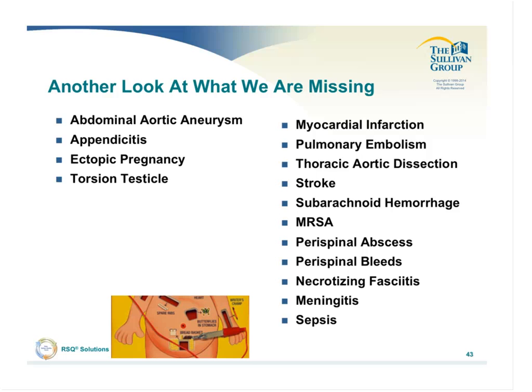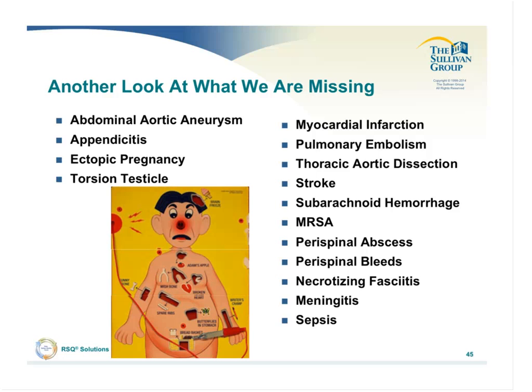So we need to focus on the belly and those particular clinical entities. The chest is a very high-risk area: failure to diagnose MI, pulmonary embolism, thoracic aortic dissection. The head is a very high-risk area: stroke, subarachnoid hemorrhage.